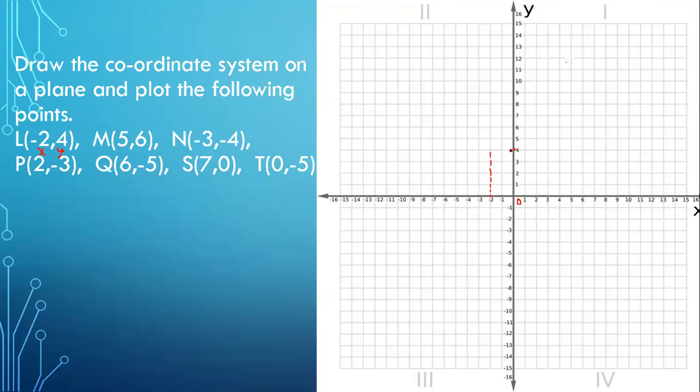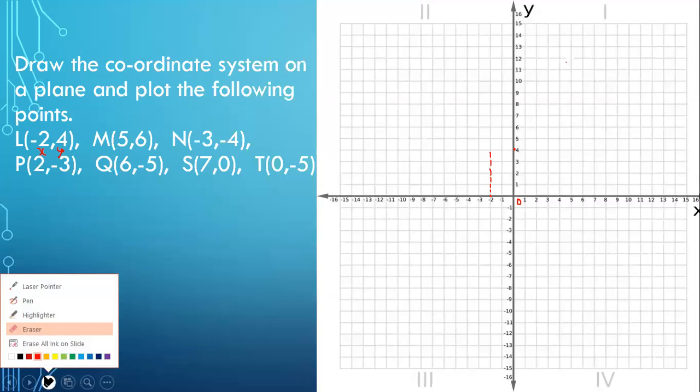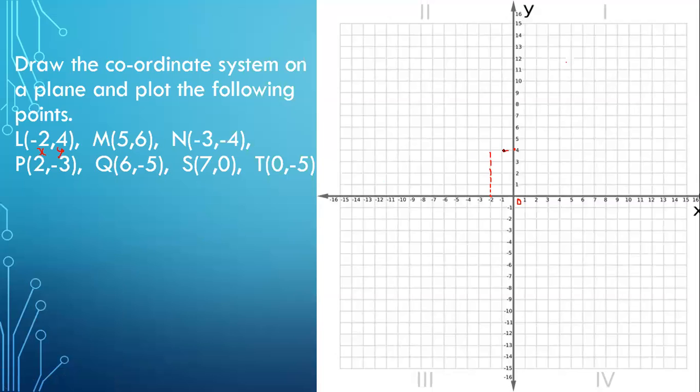And then from 4, and both the lines will meet here where you can mark your point L, and write the coordinates also, (-2, 4).